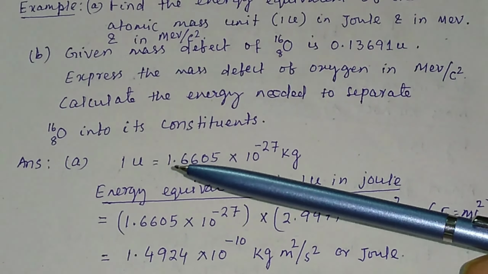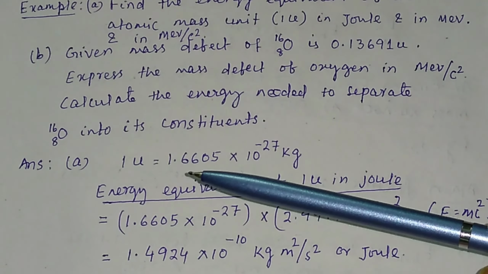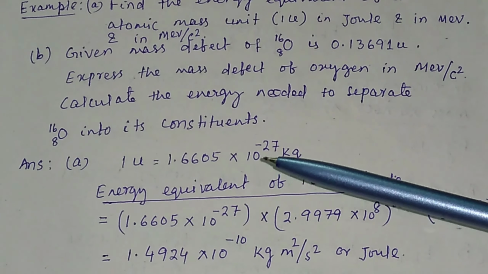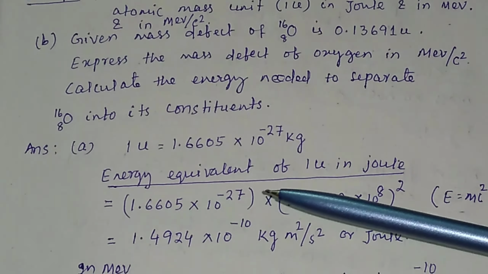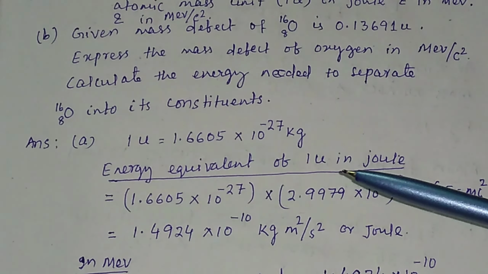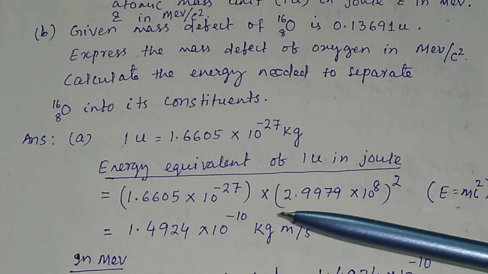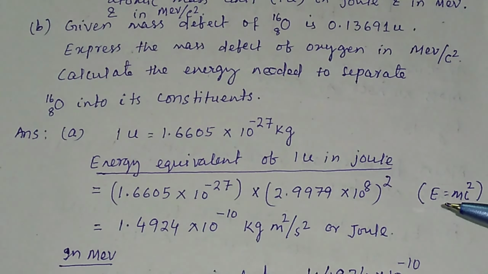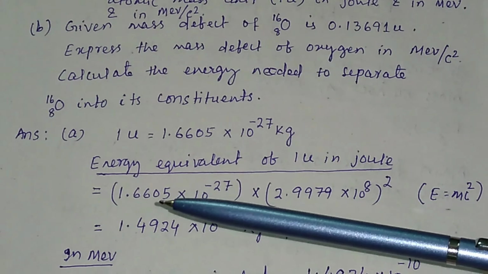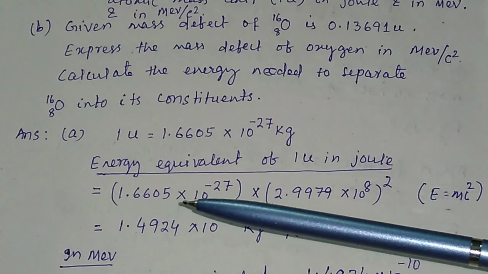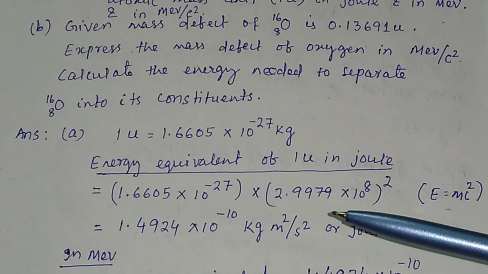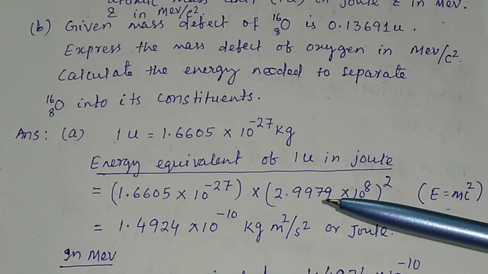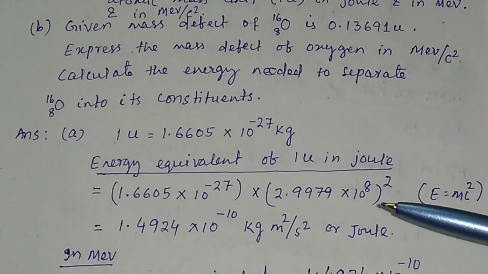We know 1 u, or atomic mass unit, is equal to 1.6605 into 10 to the minus 27 kg. So what will be the energy equivalent of 1 u in joule? If you apply the relation E equal to mc square, here m is the mass, that is 1.6605 into 10 to the minus 27, and c is the velocity of light, that is 2.9979 into 10 to the power 8, squared.